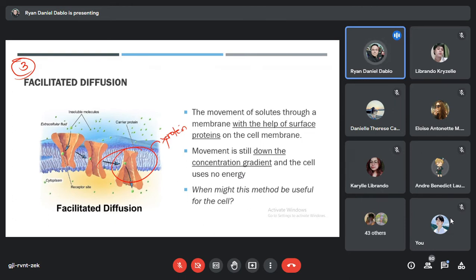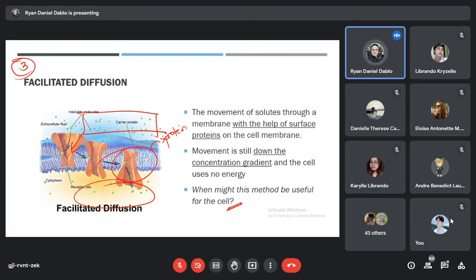So the same rules apply. The movement is still down the concentration gradient from an area of greater to an area of less concentration. But the only difference is that you use proteins to achieve the goal because these molecules cannot freely diffuse. This is useful if, because of their solubility or polarity or composition, they cannot cross the membrane, right? I have a picture later that I think is a better picture for facilitated diffusion.